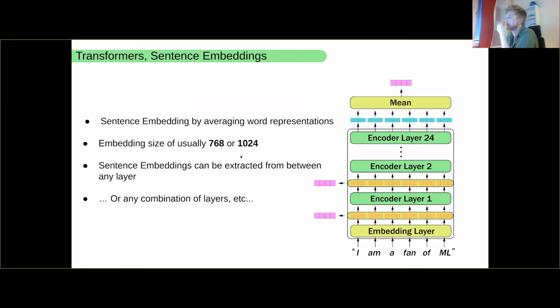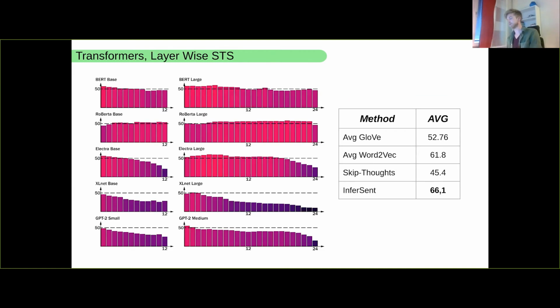So we would take one sentence representation for layer 1, layer 2, and so on, until the end. And then we do the semantic evaluation of these representations. And unfortunately, we find that they perform very subpar compared to the other methods.